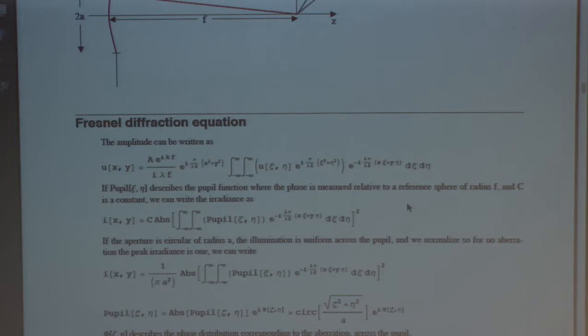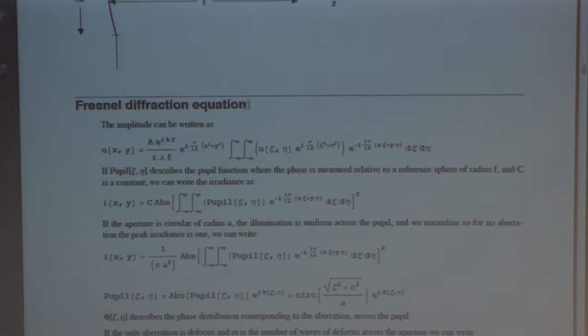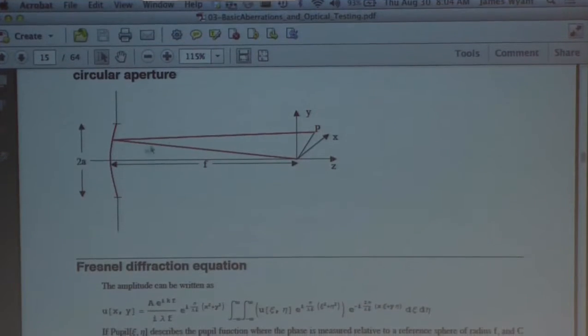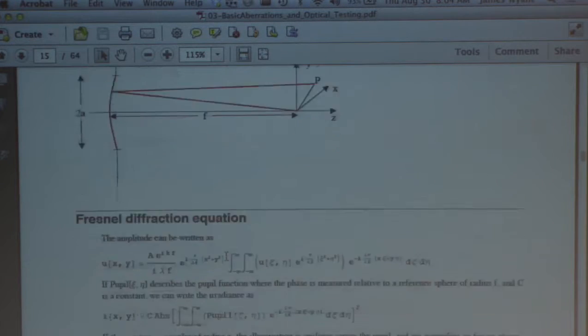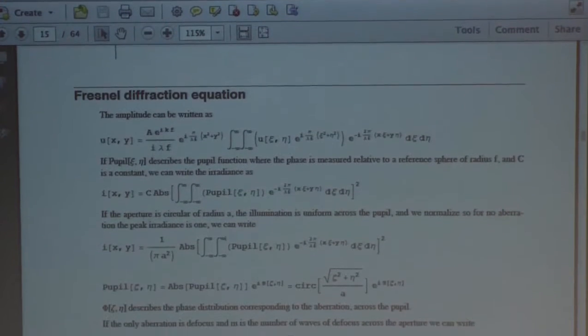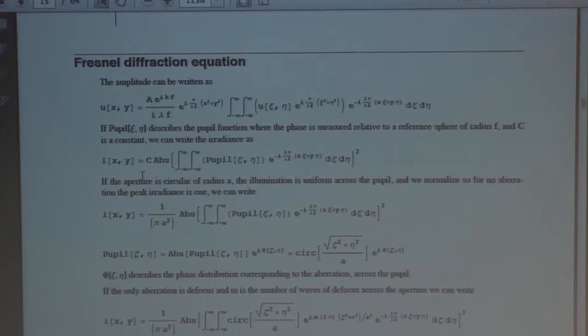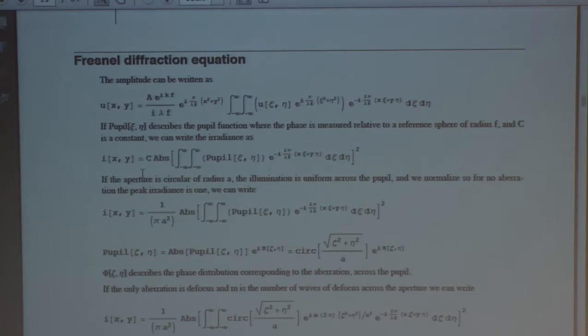And we could say that we have a pupil function here where the phase in the pupil function is measured relative to a reference sphere of radius f. And so we're saying we have a sphere coming to focus here, and then we have some phase distribution across here, and some aperture here, and we'll write that as the pupil function. And we're not going to worry about the factors out in front here, so I'll just write that as c. And we're going to calculate not the amplitude, but the irradiance here.